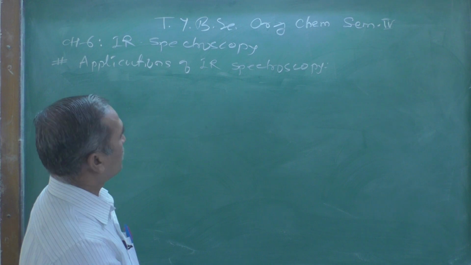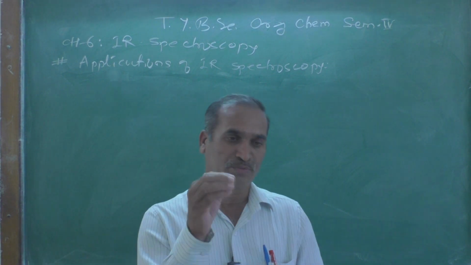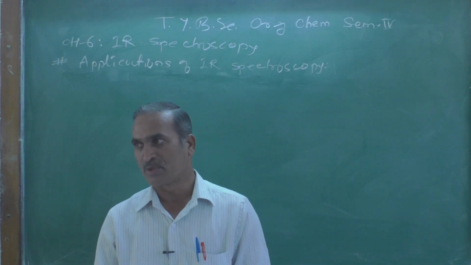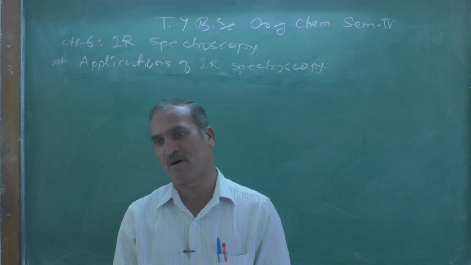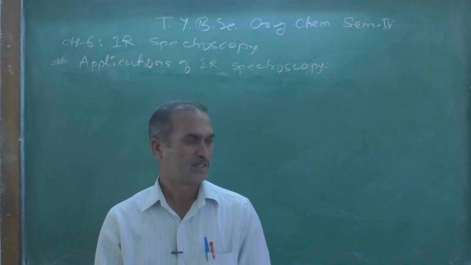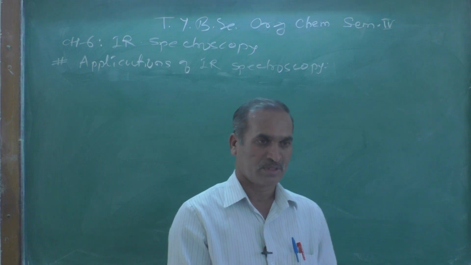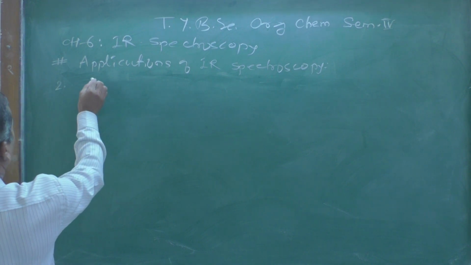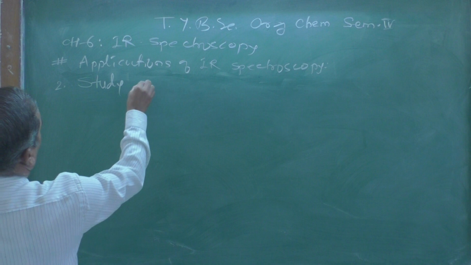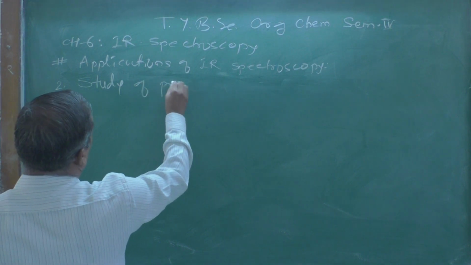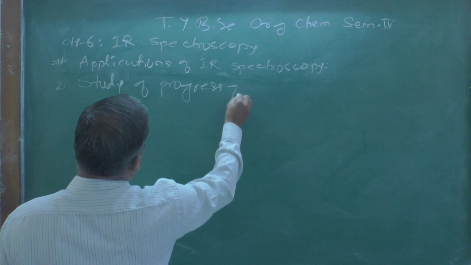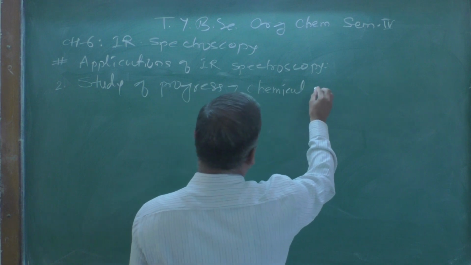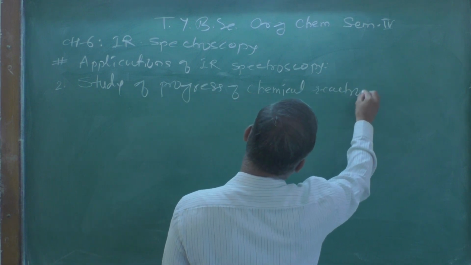What is written? Application of IR spectroscopy, and we have discussed so far one application which is very important and prominent, that is the determination of structure. And now the second application we are going to study is the study of progress of chemical reactions.